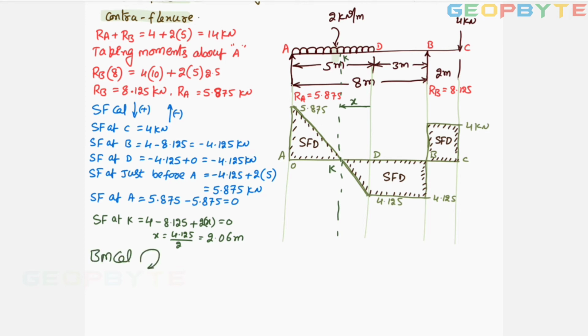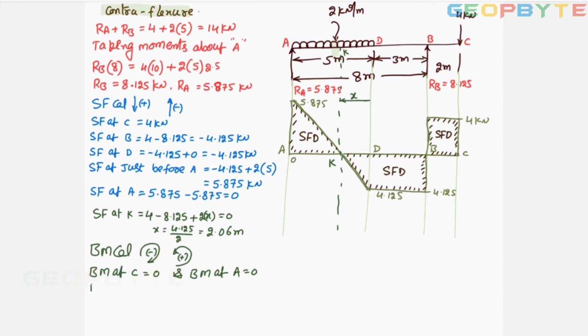Clockwise moment should be taken negative, anti-clockwise moment should be taken positive. Now BM at C equal to 0, and BM at A also equal to 0.